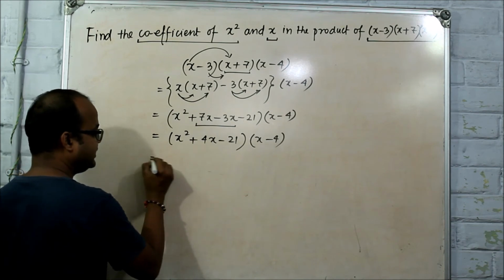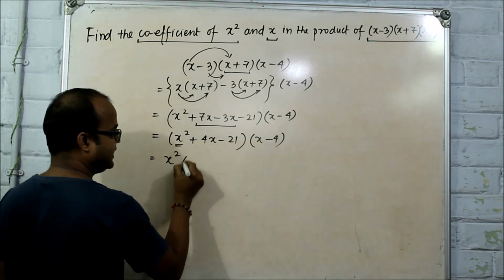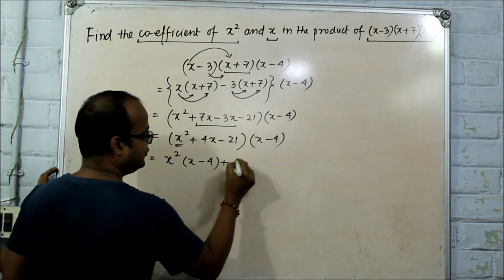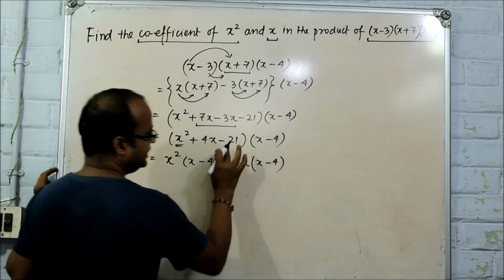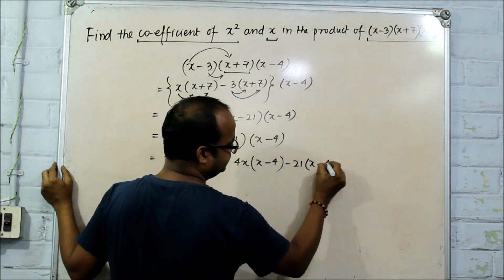If you multiply, we write x² multiplied by (x − 4), plus 4x multiplied by (x − 4), minus 21 multiplied by (x − 4).